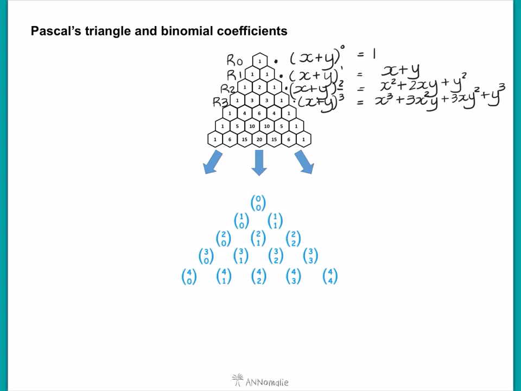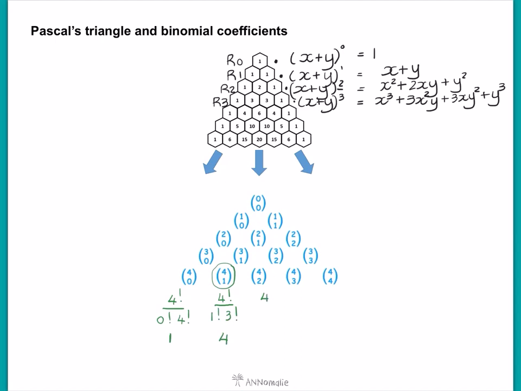So let's look at 4 choose 0. 4 choose 0 will be, as we know, 4 factorial over 0 factorial times 4 minus 0 factorial, which is 4 factorial. And that is simply a 1. 4 choose 1, the next one: 4 factorial over 1 factorial, 4 minus 1 is 3 factorial, which results in a 4.